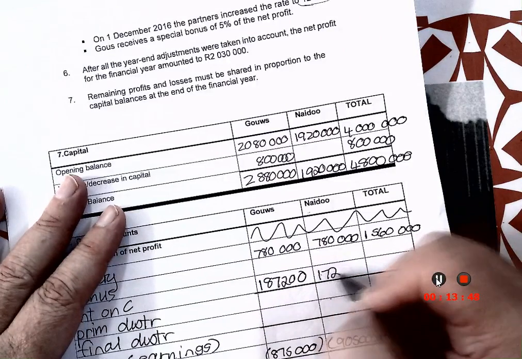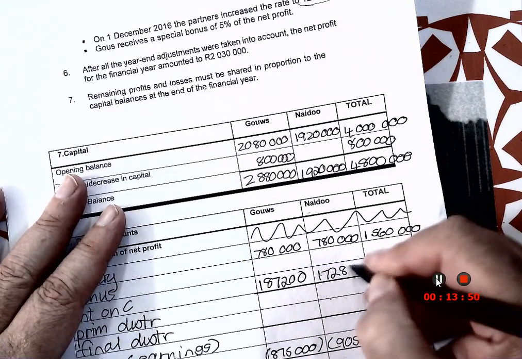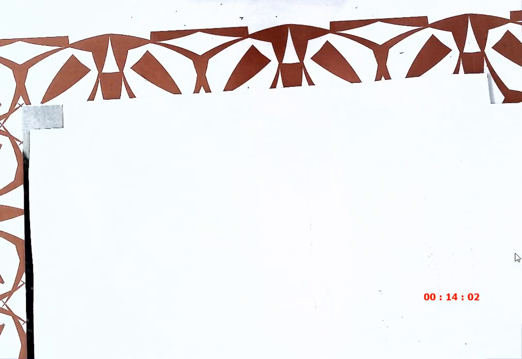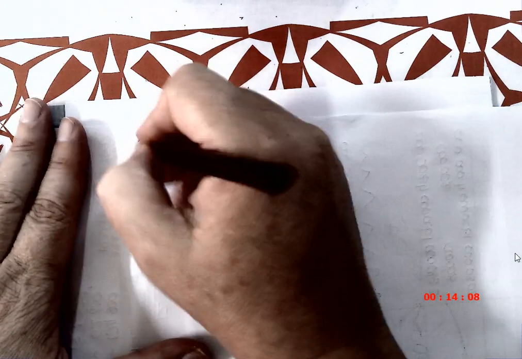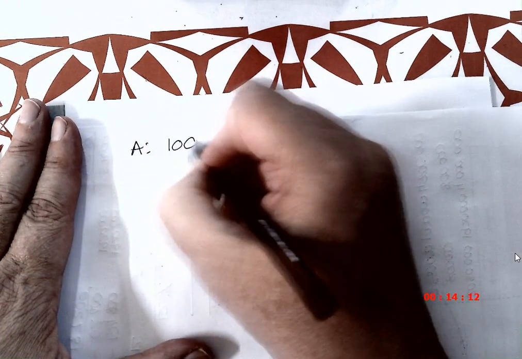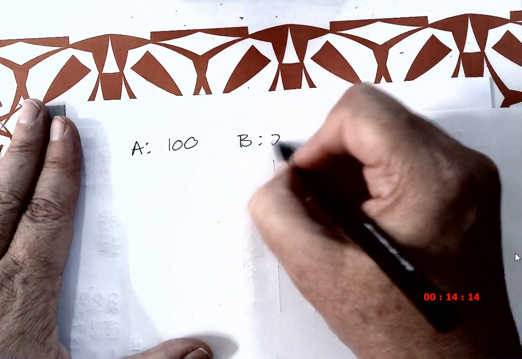Okay. Now I want to show you something, and I know it's not in this question, but I need you to understand that I can even combine it more. Let's say partner A has got a capital of 100 and partner B has got a capital of 200.